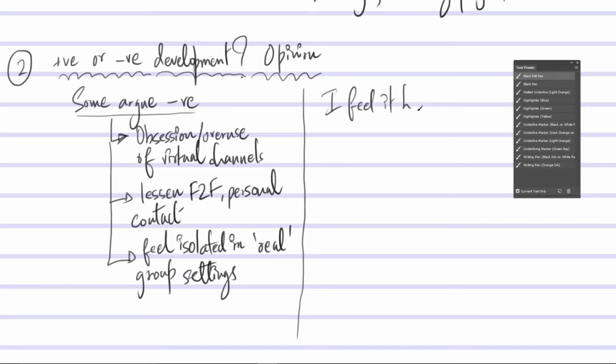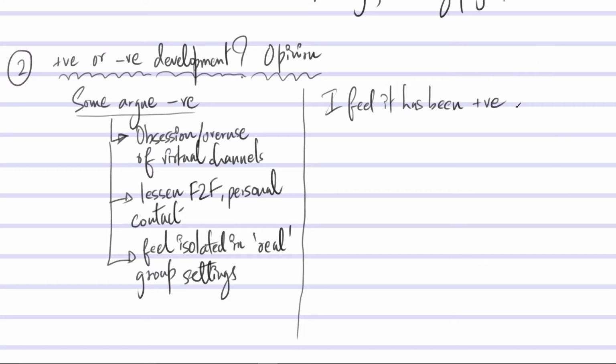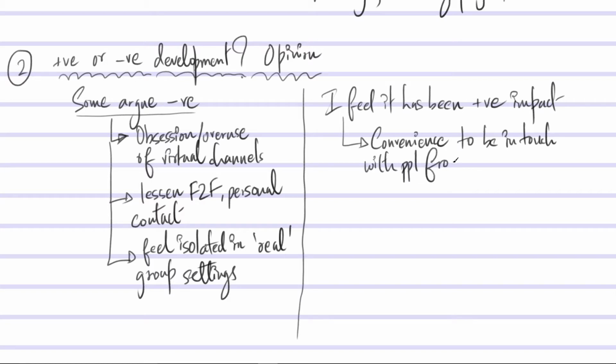So I feel it has been a positive impact. And why so? First of all, the obvious point is convenience: convenience to be in touch with people, especially from different geographies and cultures.